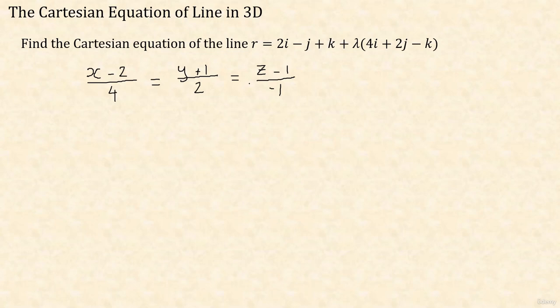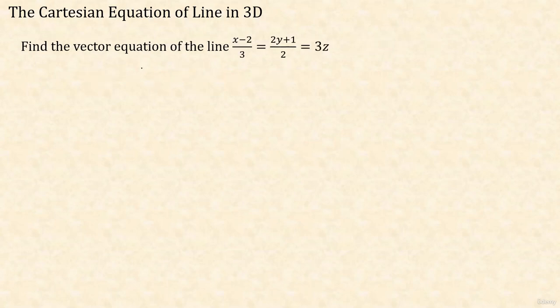So it's kind of simple to convert from vector to Cartesian. It's slightly tricky the other way around because a line isn't always necessarily given to you precisely in this form. Let me give you an example. If I have this equation, x minus 2 over 3 equals 2y plus 1 over 2 equals 3z.